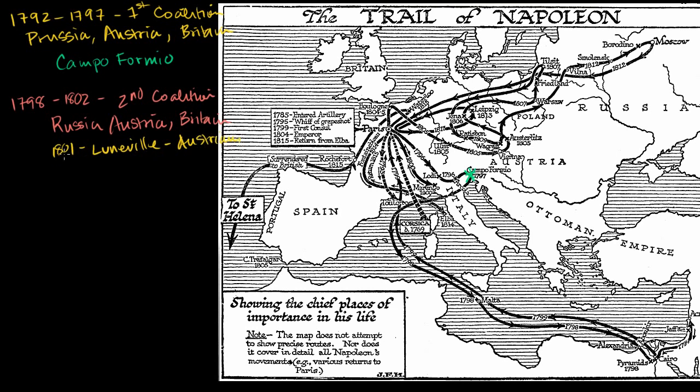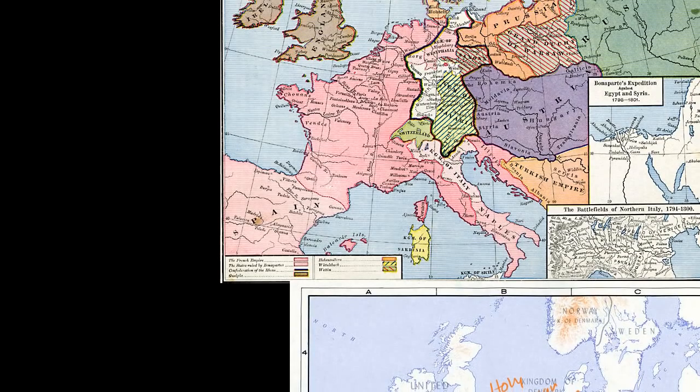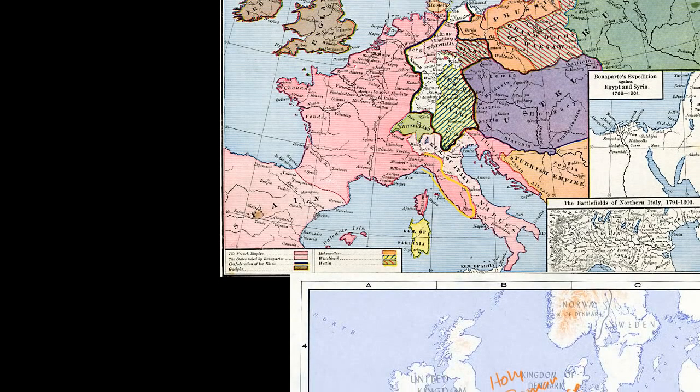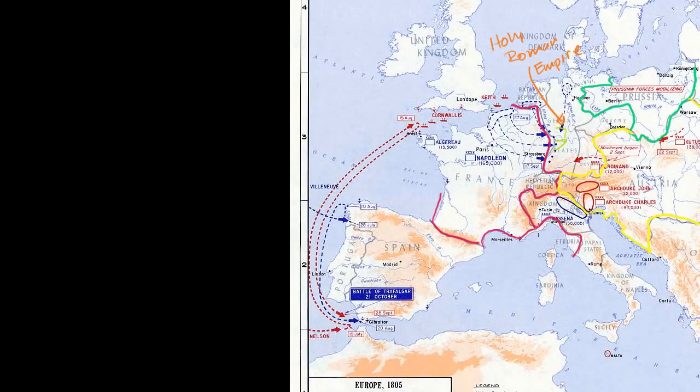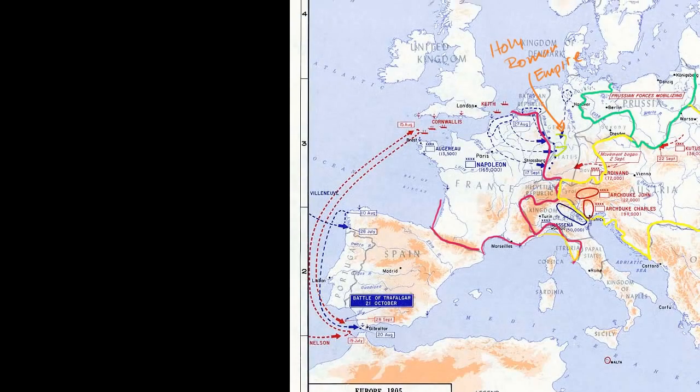Napoleon was now in charge of France, but he led once again an Italian campaign against the Austrians. This is his victory at Marengo right there. I'll go into a little more detail on that. And that essentially declared victory on Austria, allowed Napoleon to take more territory along the Italian peninsula. You can see it right there.